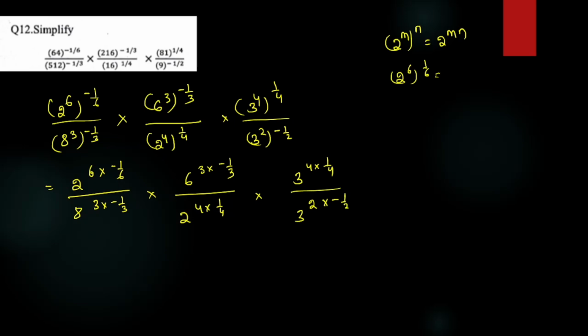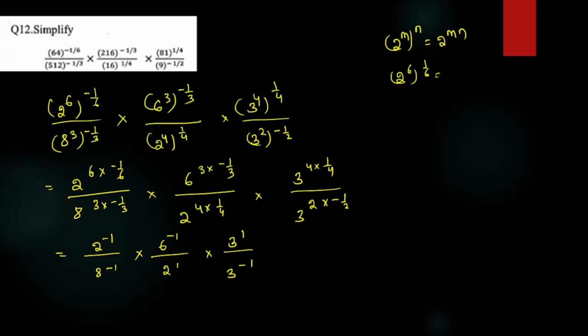Now cancel. So first one is 2 to the power minus 1 divided by 8 to the power minus 1, into 6 to the power minus 1 divided by 2 to the power plus 1, into 3 to the power 1 divided by 3 to the power minus 1. Clear?